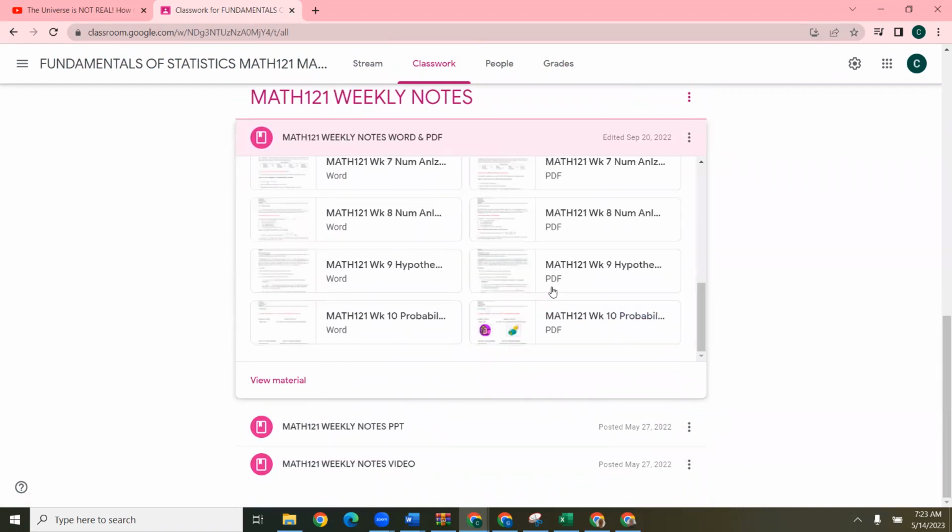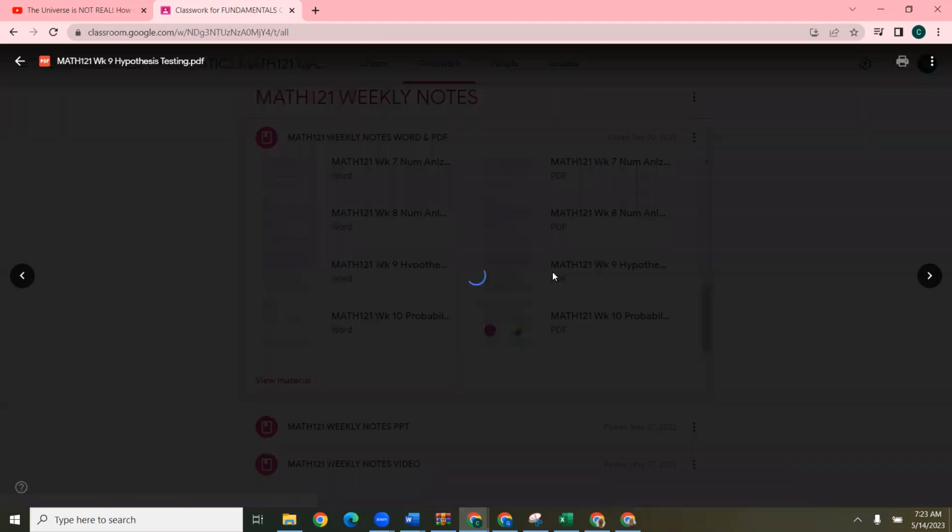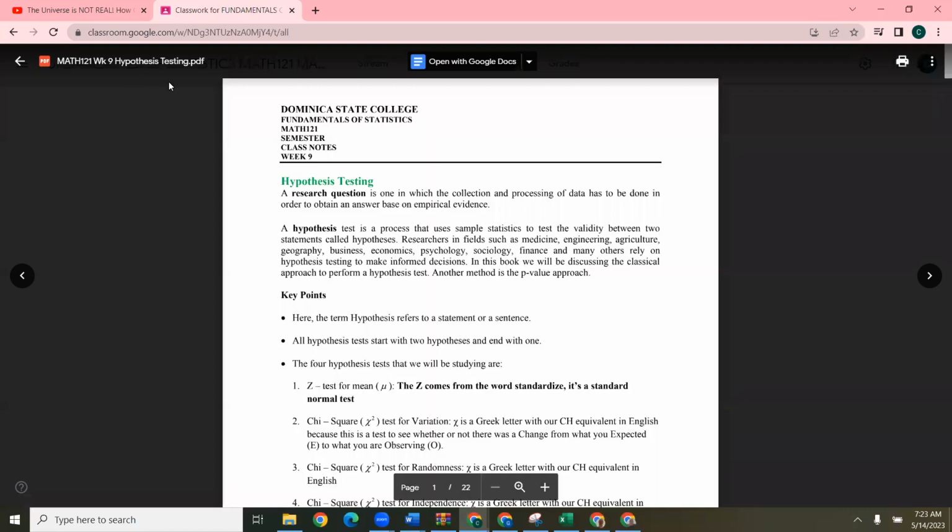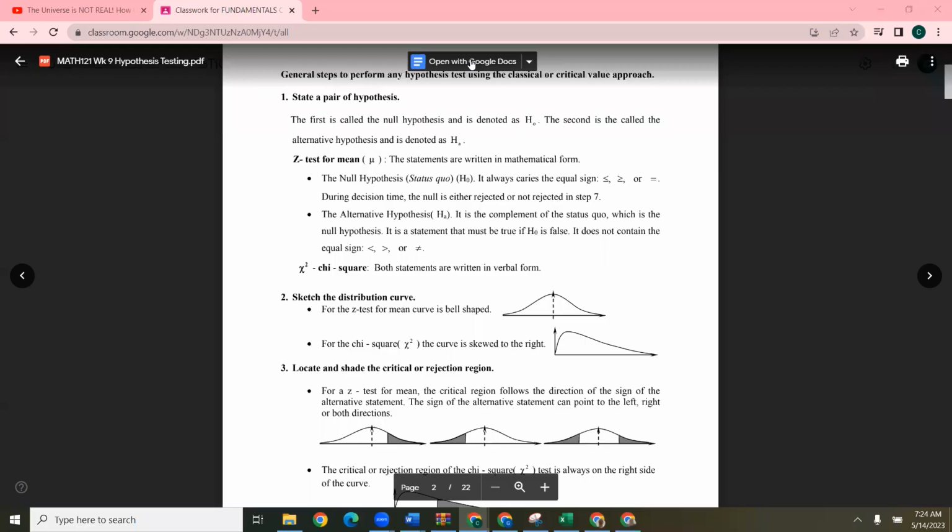This is the unit that deals with hypothesis testing. And we are going to look for z-test for mean, an example of z-test for mean. Here are the steps to perform any hypothesis test using the classical or critical value approach.